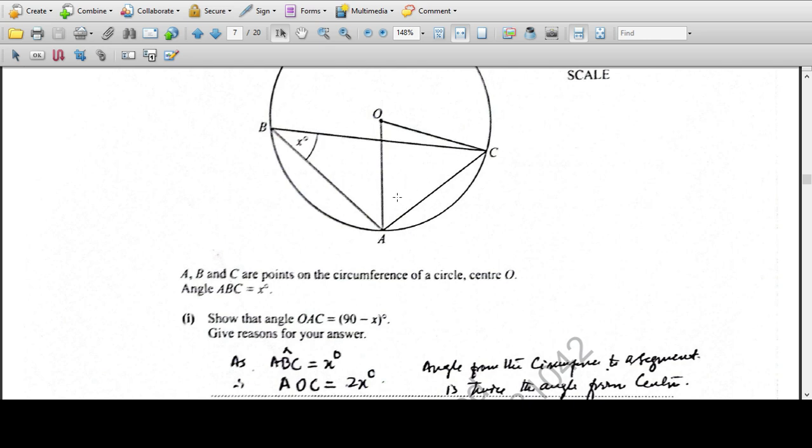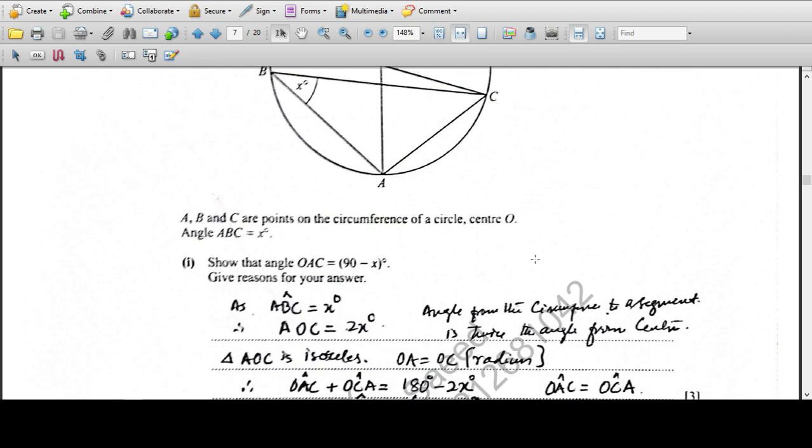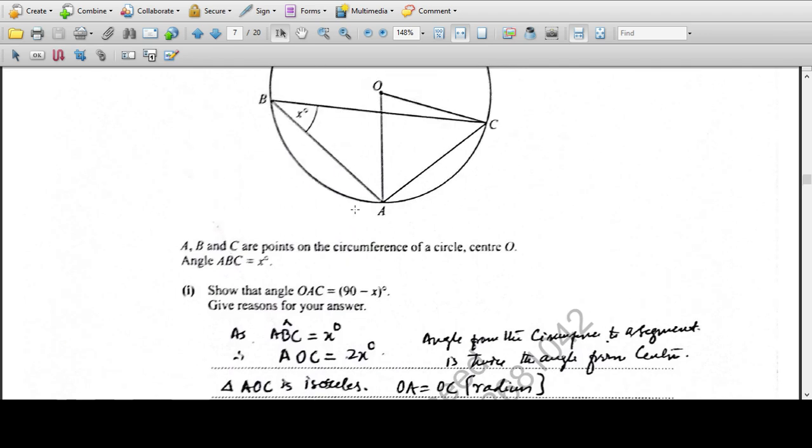OAC is 90 minus x. As ABC is x naught, AOC is equal to 2x naught, because the angle from the circumference on the same segment is x naught, so the angle from the center to this segment will be double the value of this.